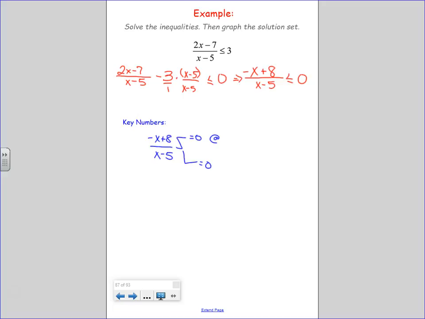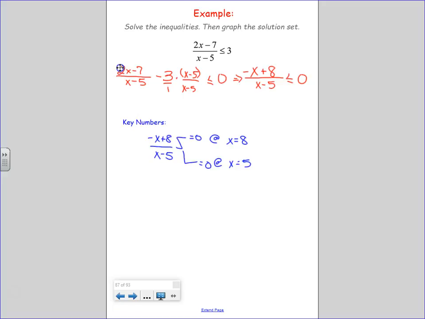Subtract the 8, divide by a negative. There's one key number. Set the bottom equal to 0: x minus 5 equals 0 when x equals 5. There we go, we got it. We had to work a little bit in the beginning, but we got both of our key numbers.